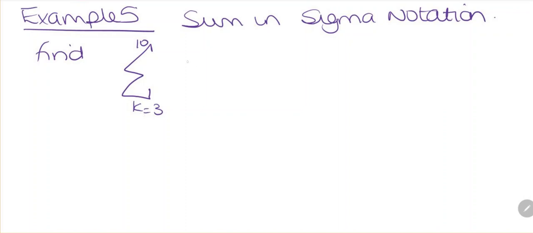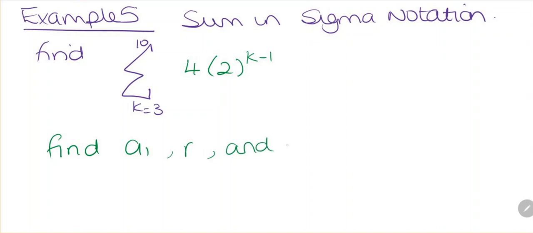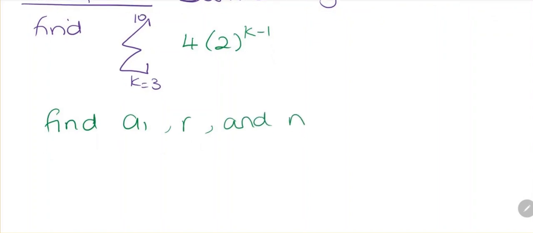And we're given a formula, 4 multiplied by 2 to the power of k minus 1. So we need to find A1, we need to find the ratio, and we need to find the number of terms.